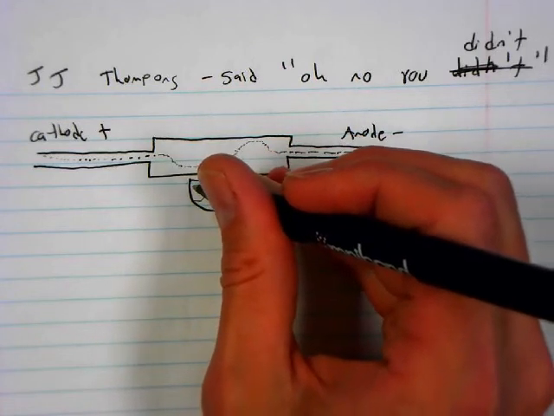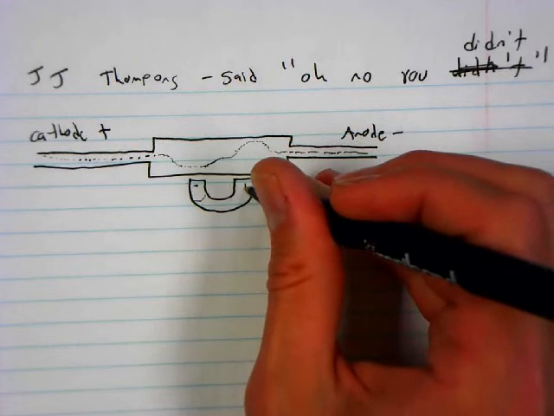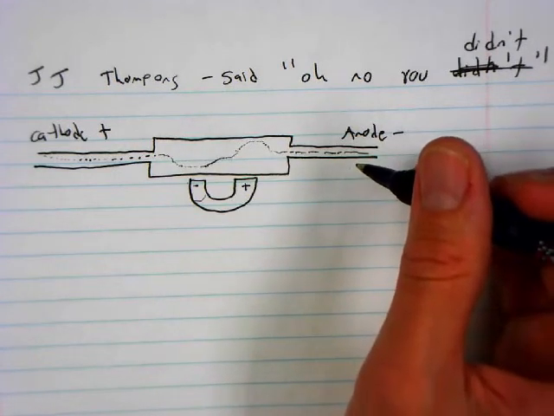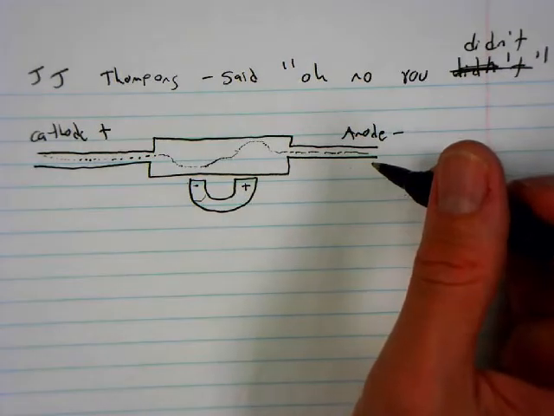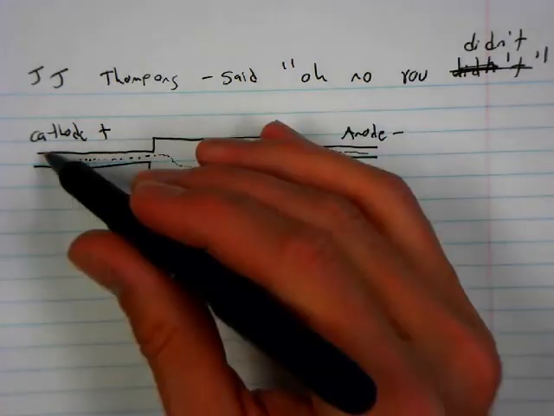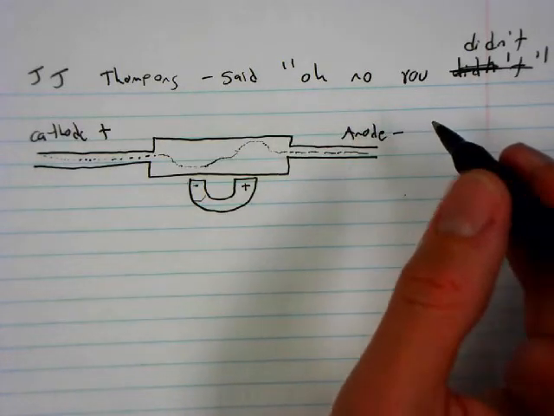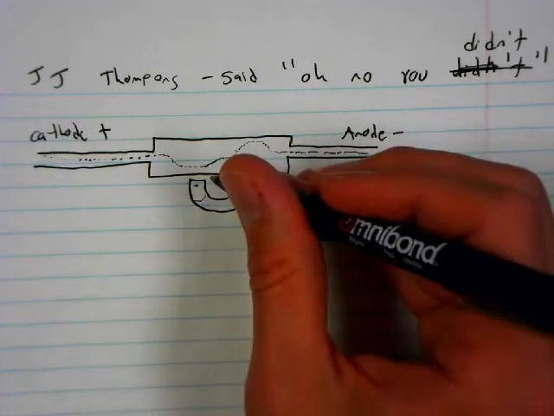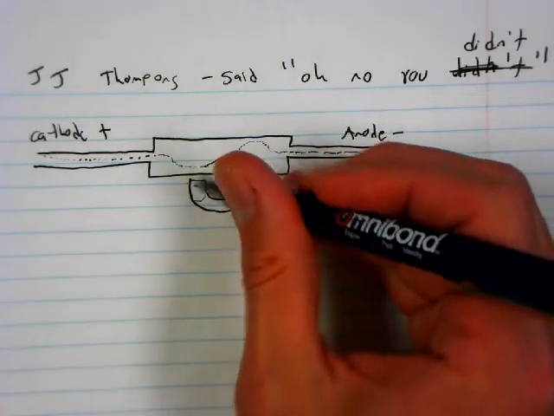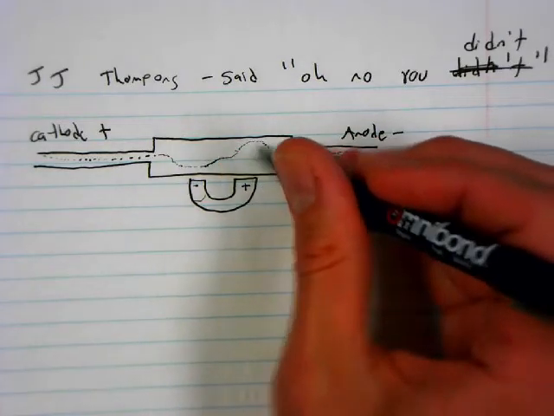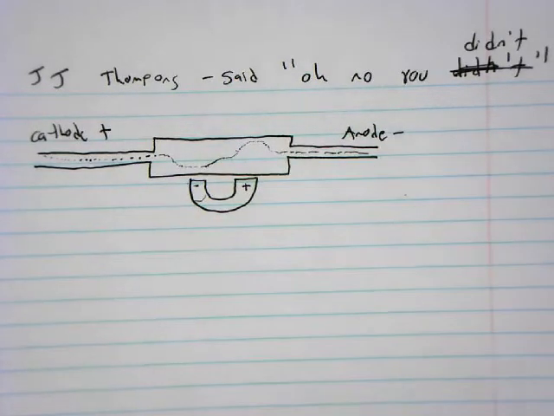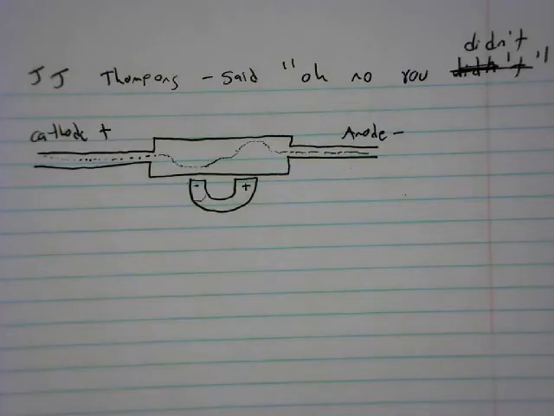And the magnet had a negative side and a positive side. And as he was shooting these charges through here, he saw that when you put a magnet up next to it, it was pulling the stream towards it on the negative side, but pushing it away on the opposite side.